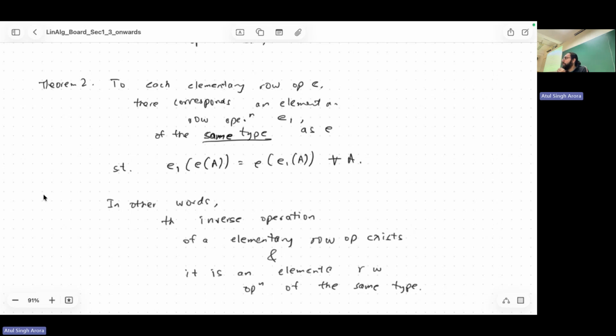How are we defining the type of operations? So we defined three, right? The three types of operations. So it's the same. Exactly. Any questions for the statement?